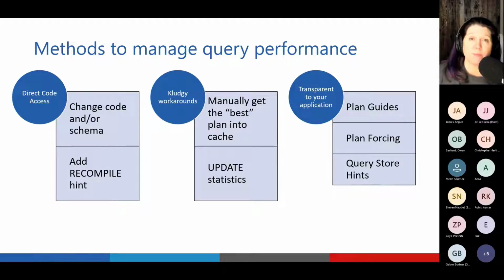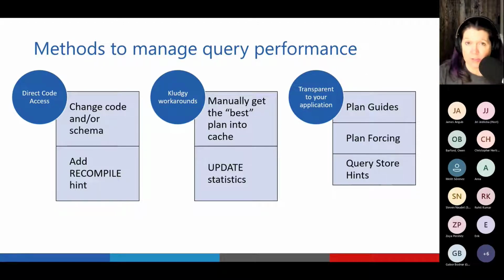And then also transparent to your application are QueryStore Hints. So QueryStore Hints essentially leverage some functionality that's there for plan forcing, which is why I feel like we need to talk about them together, because they're ways that you can manage performance without having to access the code, and they allow you to do that very, very quickly.